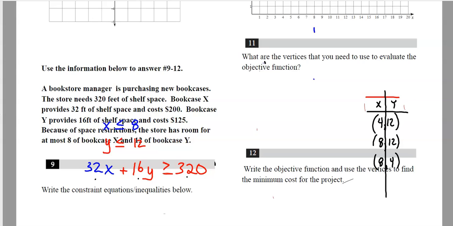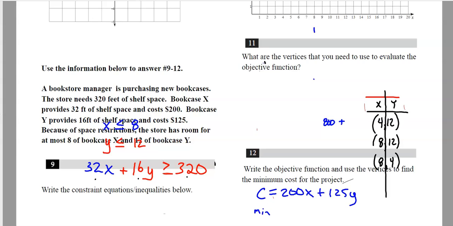Remember, the objective function, which we had already written down, was the cost: 200 times every X plus $125 for every Y, and we want to get the minimum cost that we can out of this. So if I do 4, 12, well, 200 times 4 would be $800 plus 12 times 125.